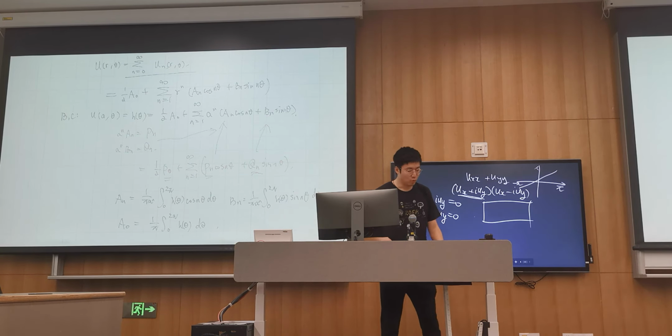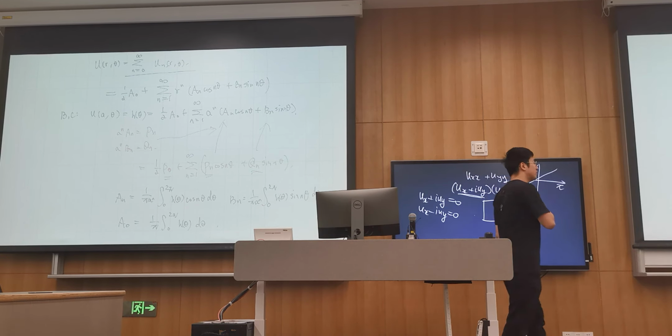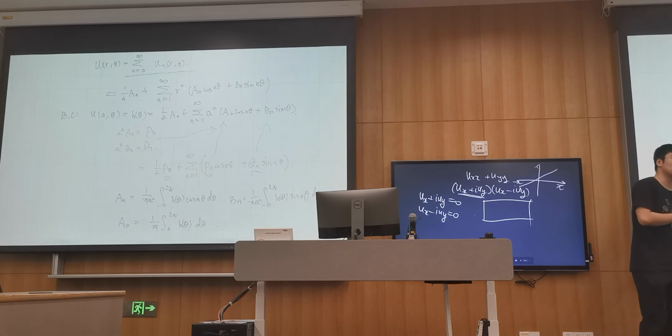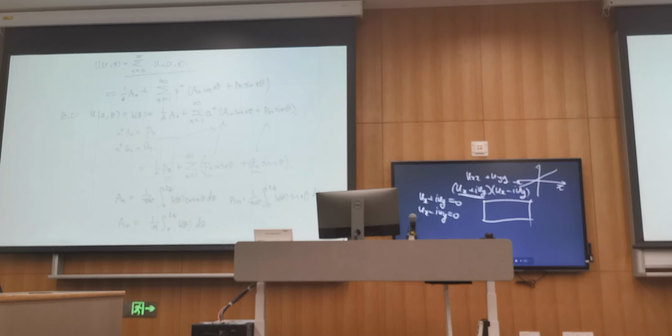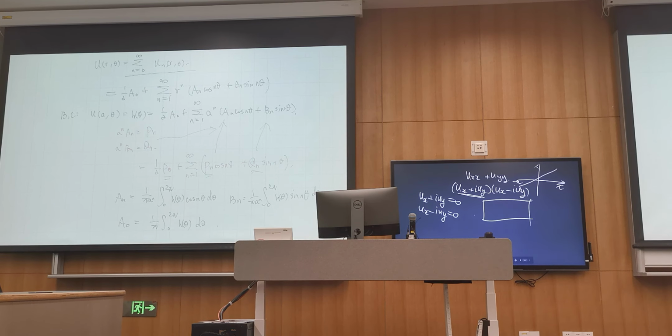Now, let me ask you a couple of questions before we get into it. What if my h(theta) is a constant function? What can you tell from the integral? What if my h(theta) is completely a constant?